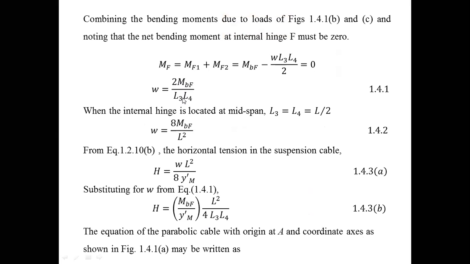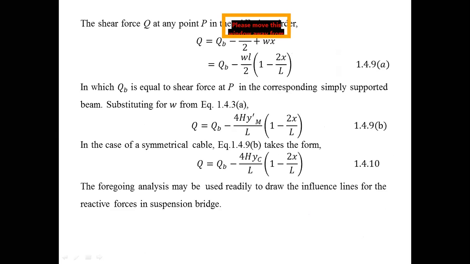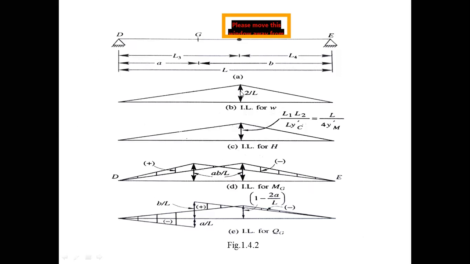So 2 into L3 into L4, therefore you get 2 by L. They get cancelled, 2 by L. So this is the ordinate, this is the ordinate 2 by L. Clear?